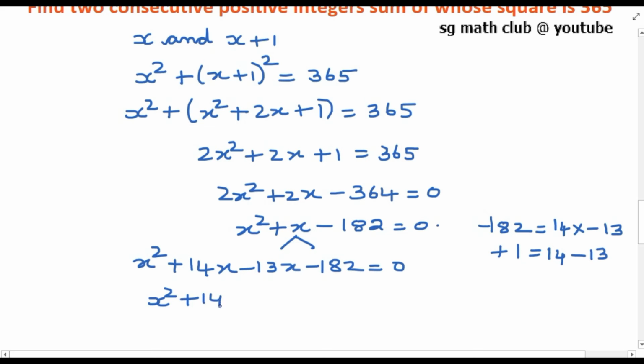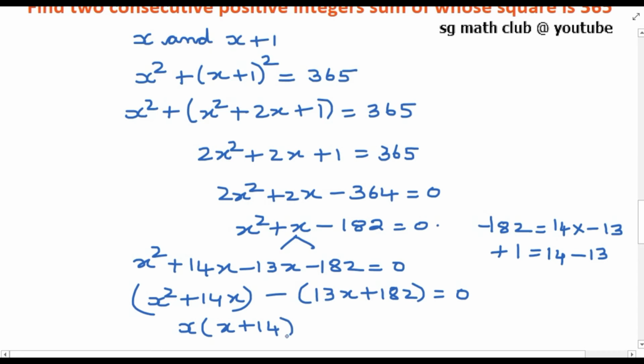So x square, now we will group this, plus 14x, minus 13x minus 182 equal to 0. x is common, so x plus 14, minus, here 13 is common, x plus 14 equal to 0.